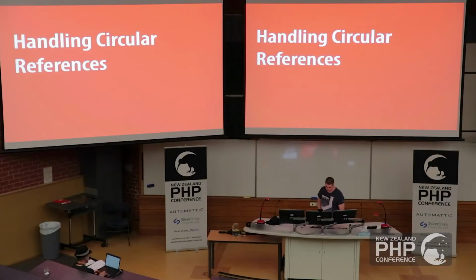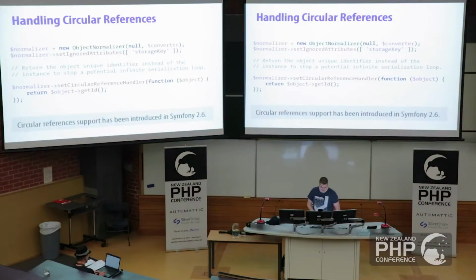So if you want to handle circular references, that's pretty easy. You can implement a circular reference handler, which is just a callback function. And so whenever you serialize any object in your object graph, you just have to return a unique representation of your object. So you can use an ID or UID or whatever unique string that represents this instance.